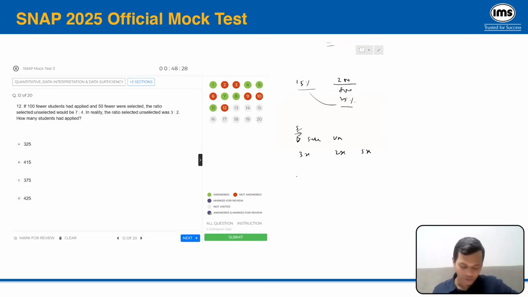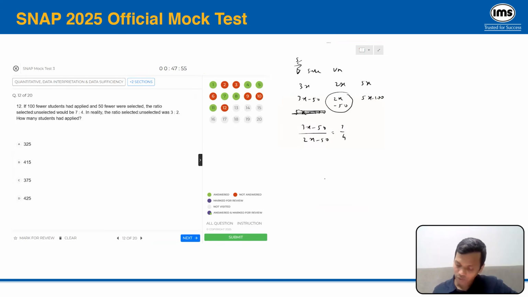So you're going to have 5x total. They are saying if 5x minus 100 had applied, and 50 fewer were selected, so 3x minus 50. In that case, unselected would be 2x minus 100 minus minus 50, so minus 100 plus 50, which is basically minus 50, right?